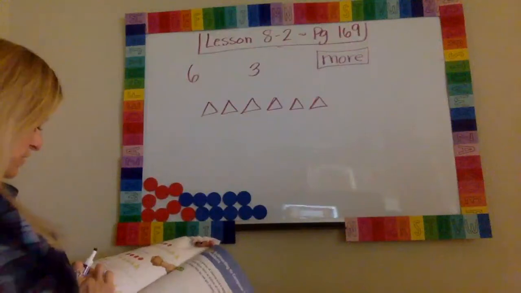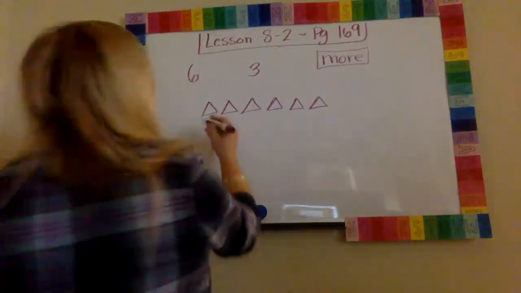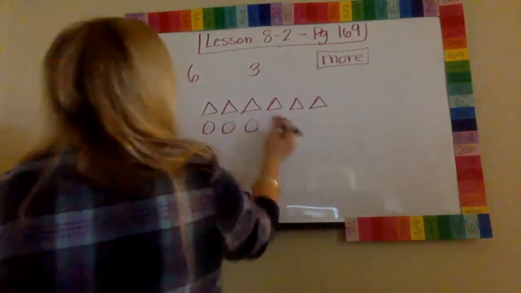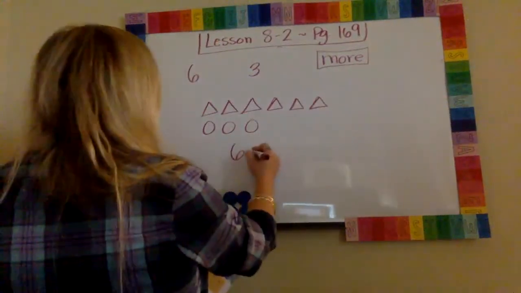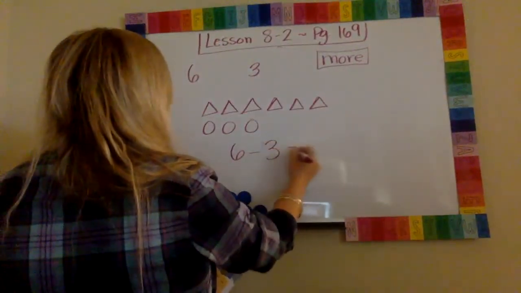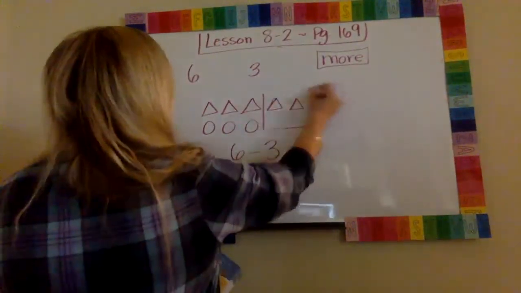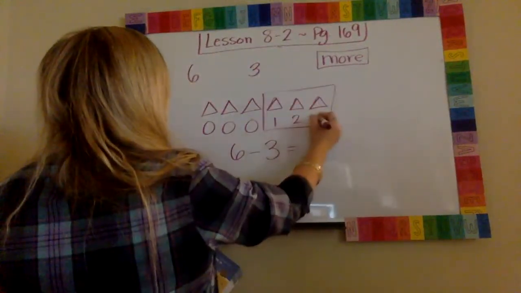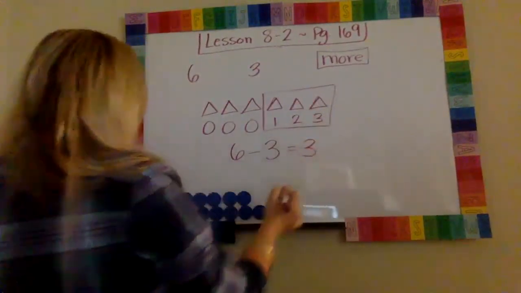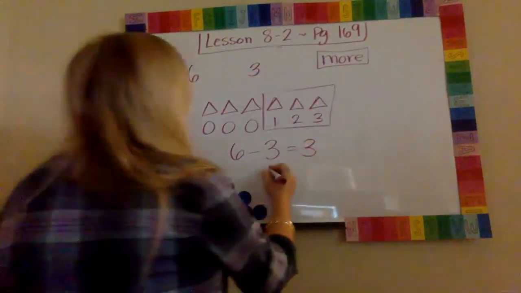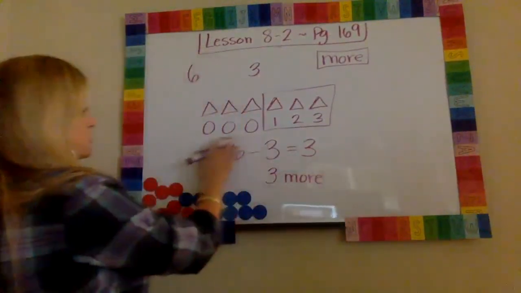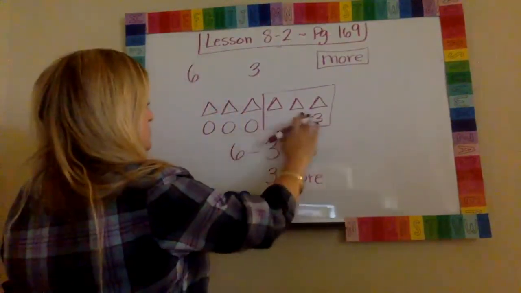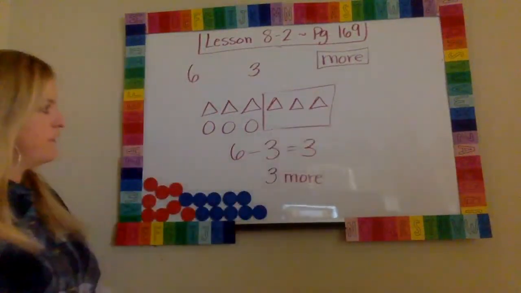These triangles are that, 1, 2, 3, 4, 5, 6. 3 bowls. 1, 2, 3. Now it says, how many more are there? So I have 6 total cats. Only 3 get bowls. How many here do not? 1, 2, 3. 3 do not. There are 3 more cats than there are bowls. These cats don't get a bowl. See how there's no bowl there?